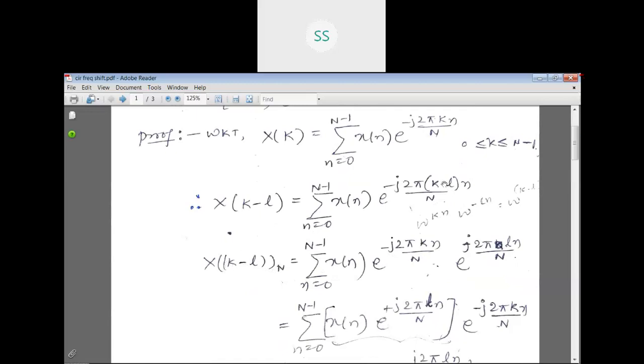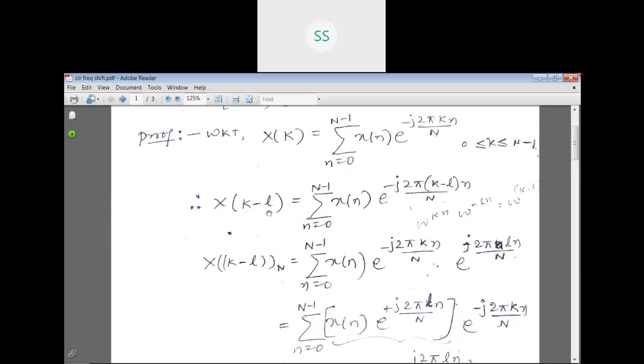This is because the equation I have on the RHS is a DFT equation, and when I write it as a DFT equation, after the period N it is simply a repetition. So whatever k minus l represents, it is a shift, and this shift can be only circular.